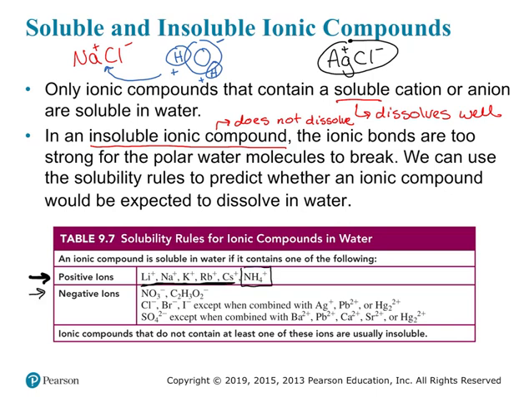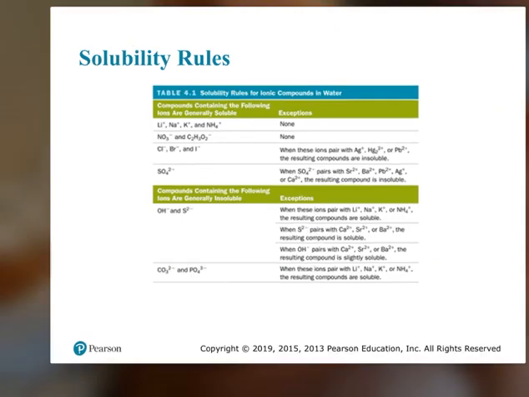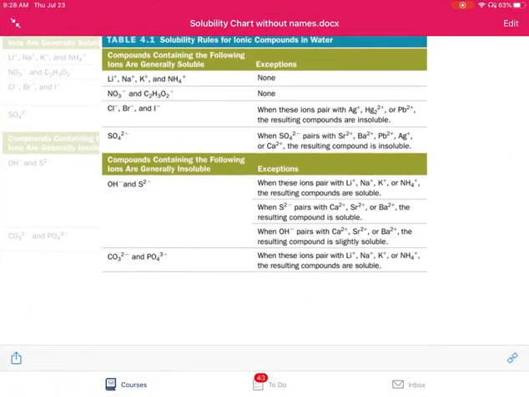And then under negative ions, we have nitrate, acetate, and a few others, but they have some exceptions. Now this chart isn't my favorite chart, so I've also added this chart separately on Canvas. It's a little blurry here, so let me show you the version on Canvas.